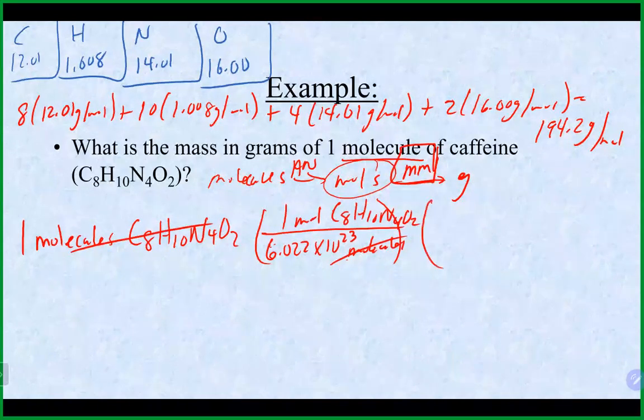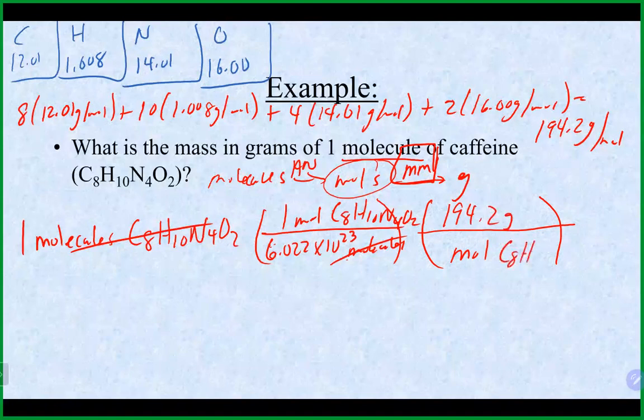Because I set it up with dimensional analysis, I can see moles are on top. So when I use the molar mass, I want the moles on the bottom so that they cancel, leaving us with grams. That would get us basically 194.2 divided by 6.022 times 10 to the 23.